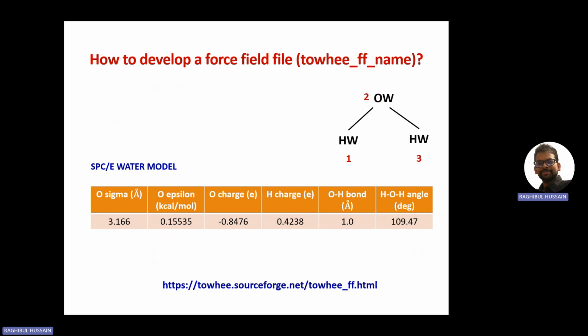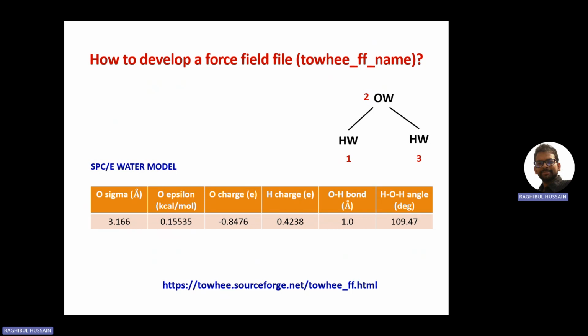So this is the information for water, and these are the parameters, right? Water has different models, but in this case, the model is the SPCE water model, where we have three atoms. Sigma is something you can think of as a diameter. Each atom has some diameter.